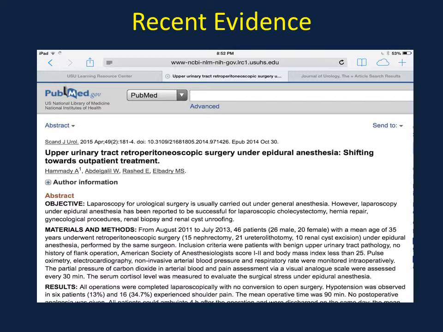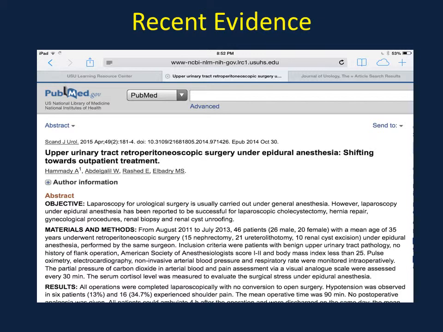The major limitation of this study, though, was the fact that, like I've said through this entire presentation, your anesthetic approach is based entirely on the comorbidities that this patient presents with. And so, as you heard me say, these patients were healthy.